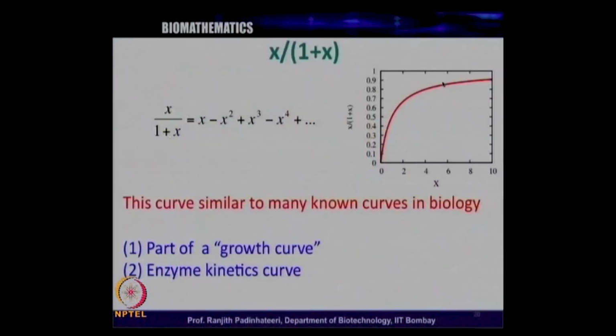So let us look back to this slide. X by 1 plus x is increasing and it appears like it's saturating, it is slowing down. Now the growth curve does something like this. It is going to saturate. It's a part of a growth curve.